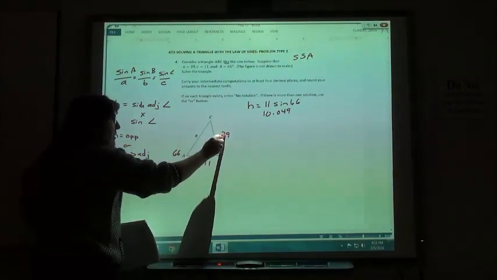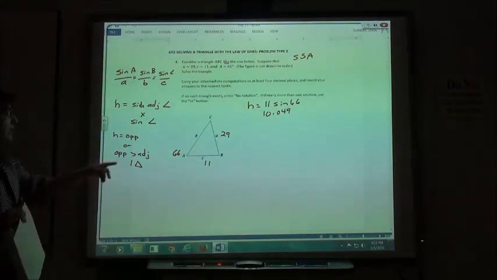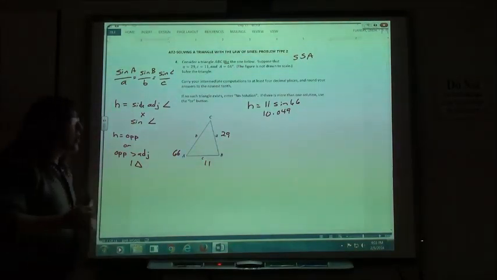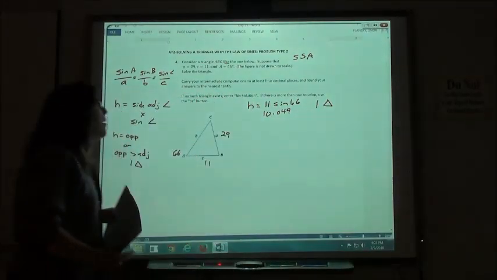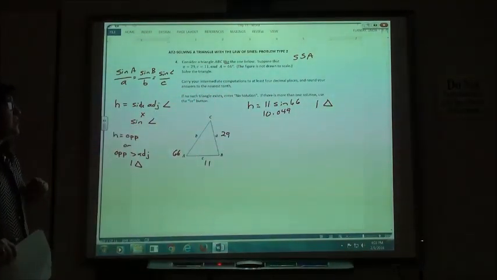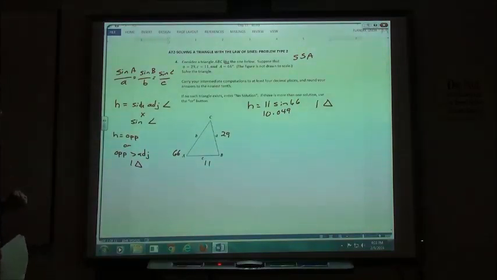Well, my opposite side is 29. It is greater than my adjacent side. So on this one, I'm going to only end up with one triangle. I'm going to put my little note there. Now, that one fit the first situation. We were good, but I'm going to finish my notes here about how many triangles I have. So one triangle if H equals the opposite side, or if the opposite side is greater than my adjacent side, which in this case it was.